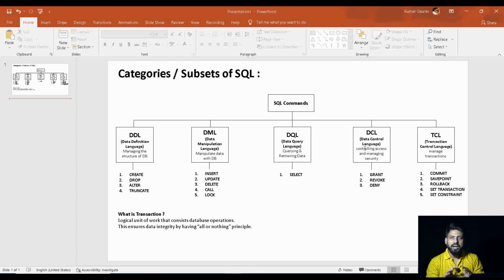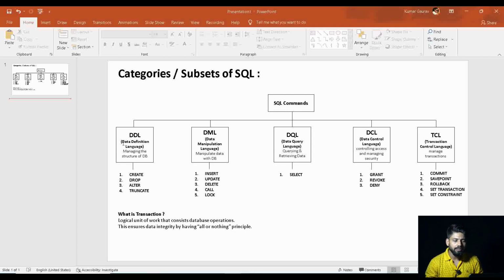This might sound a little bit techy, but when we go deep inside it, you will find that it's very simple. It's only the categorization of the operations or commands available in the query language, with which we will be playing around further in the whole series. So the very first one is the DDL.